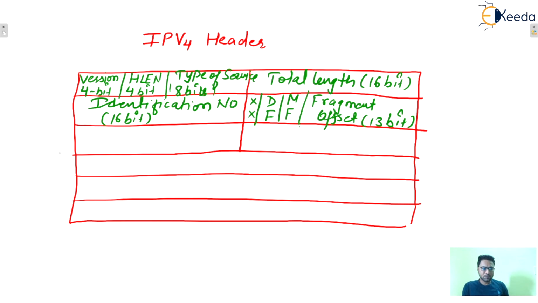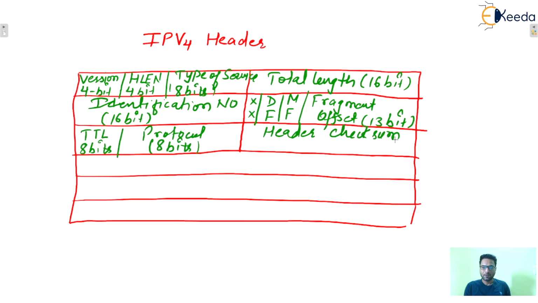Next one is the TTL field. TTL stands for time to live. Next one is the protocol field. This is of 8 bits. Next one is header checksum. Header checksum is of 16 bits.